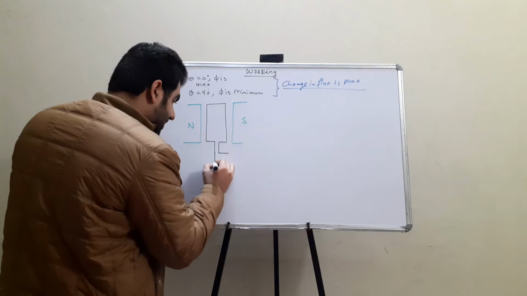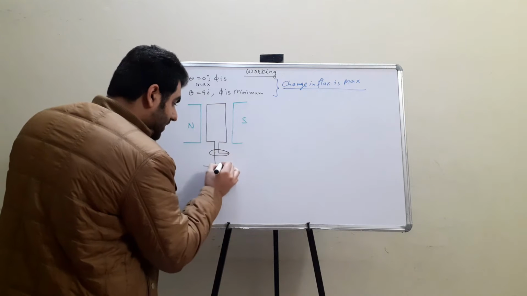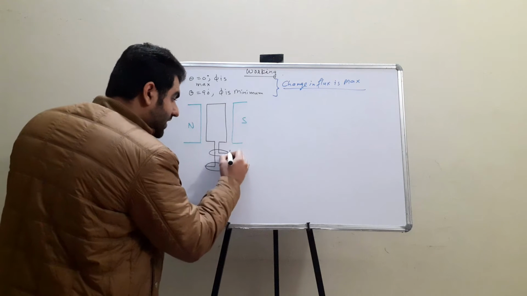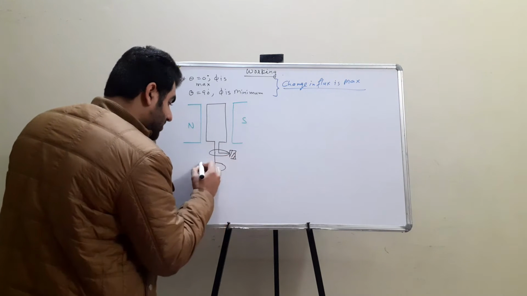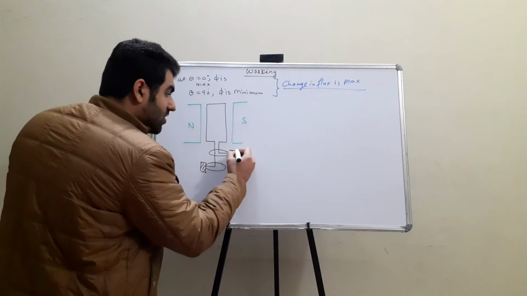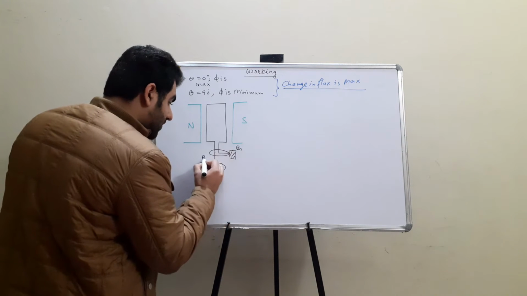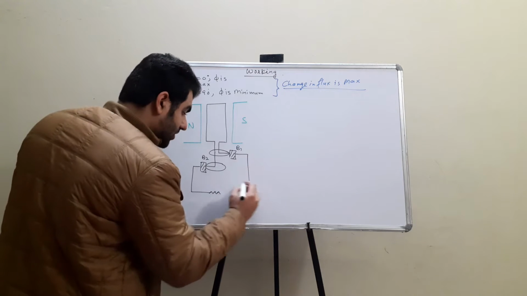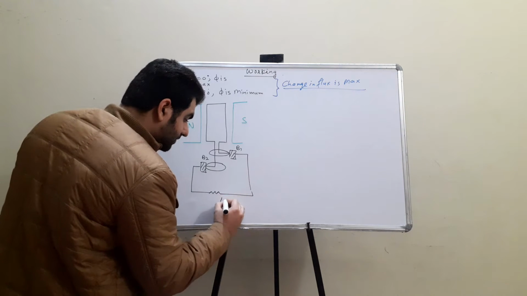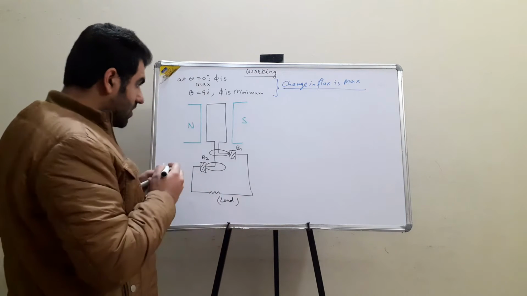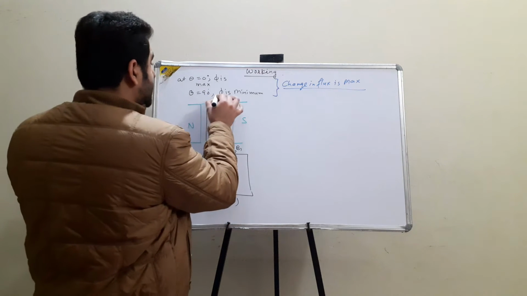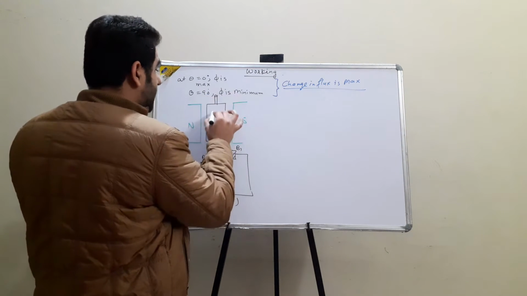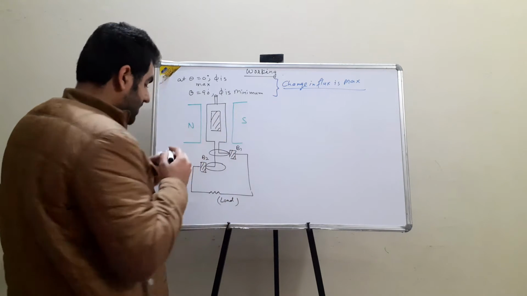These are the slip rings, and to these slip rings there are brushes being attached. Let me name these brushes as B1 and B2, and they are connected to the external circuit, which is the load. Alright, this is the axle, and there is a soft iron core present in between.